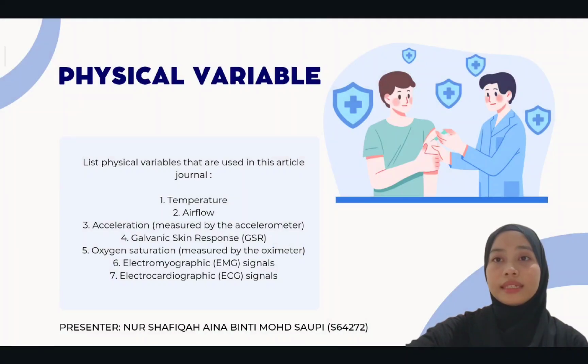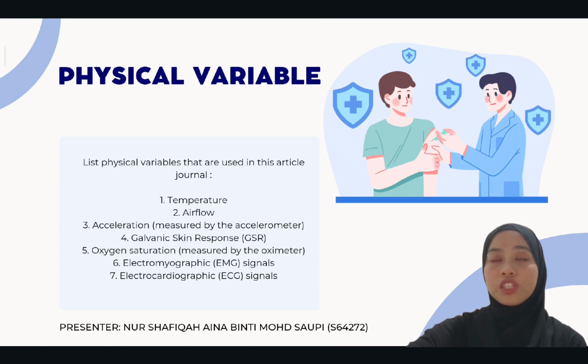The article discusses different types of sensors used in biomedical instrumentation. These sensors include temperature sensors, which measure the level of heat or coolness of an object or environment. Airflow sensors are used to measure the flow or velocity of air, while accelerometers measure acceleration forces and can be used to detect movement or vibrations.